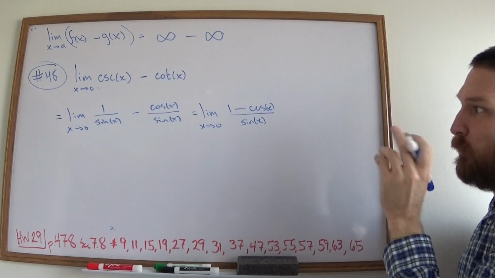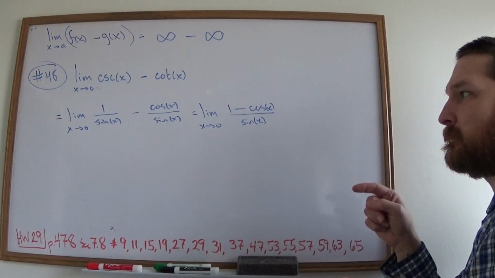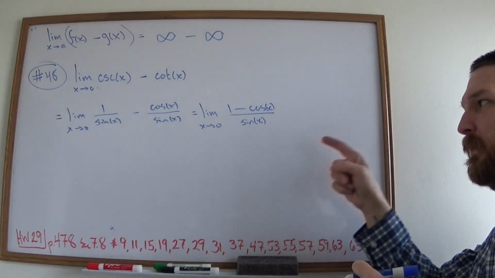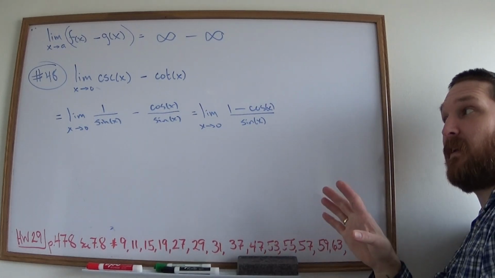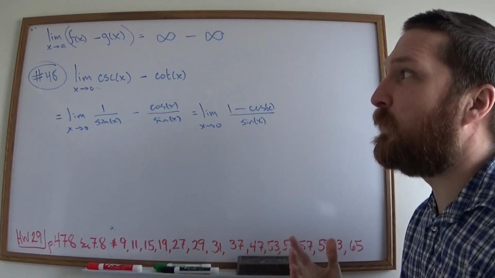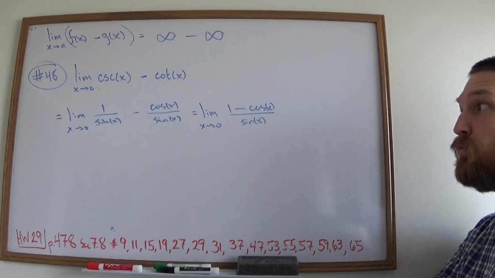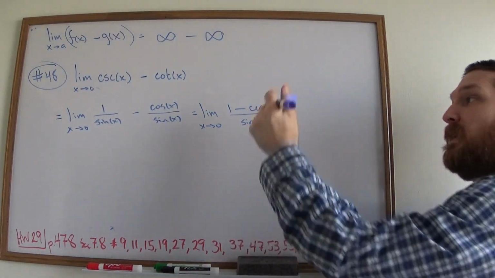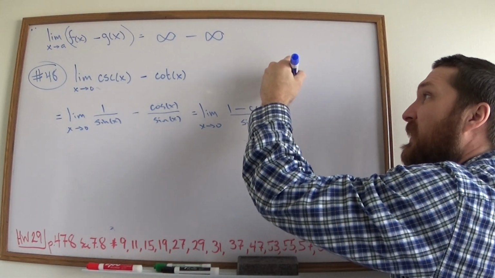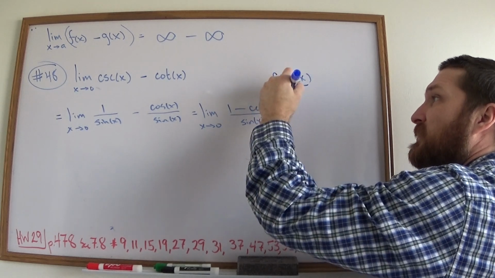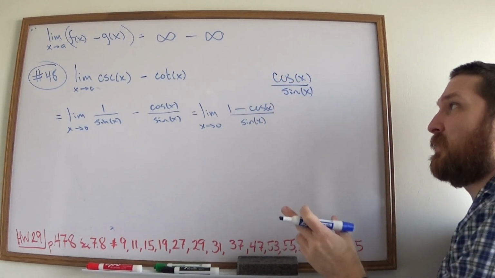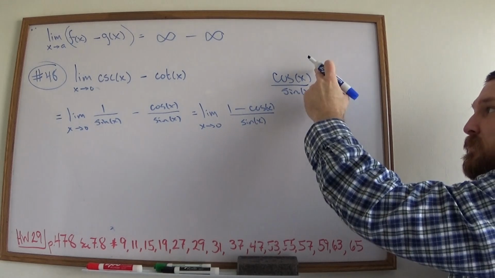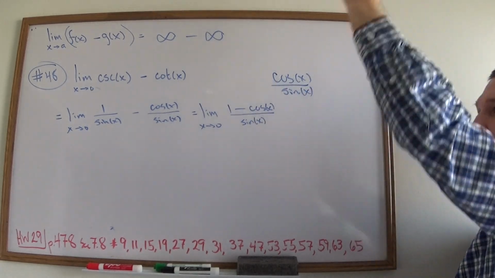Now what does this go to? 0 over 0. We have to check that, because you're thinking L'Hopital. Can you use it? Wait a second, because if this were just cosine over sine as it goes to 0, well, that goes to 1 over 0, that's just infinity.